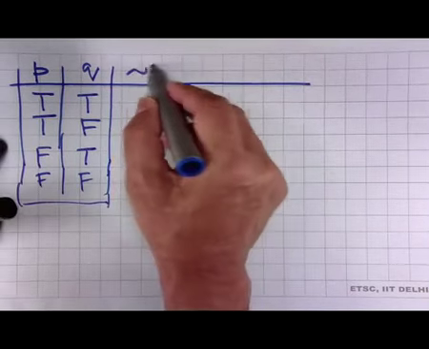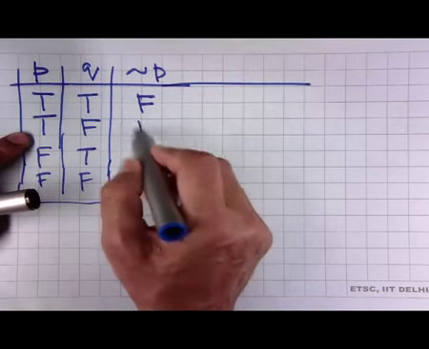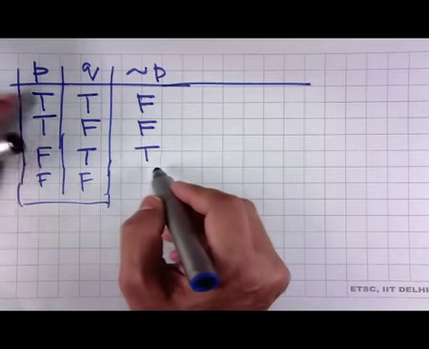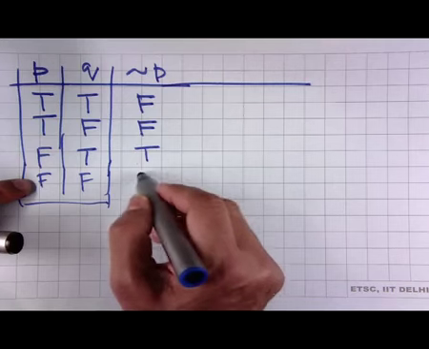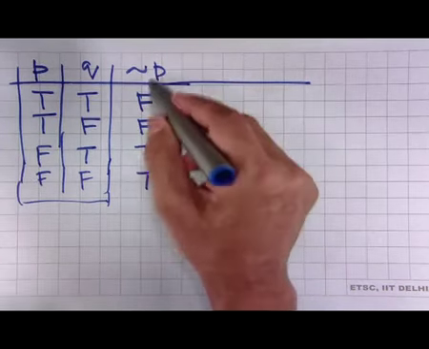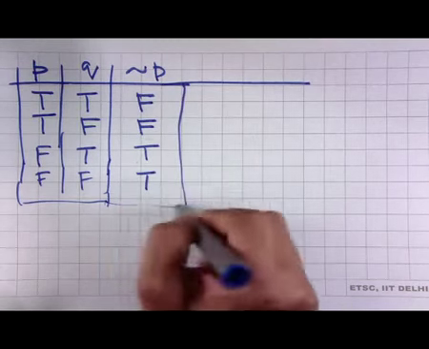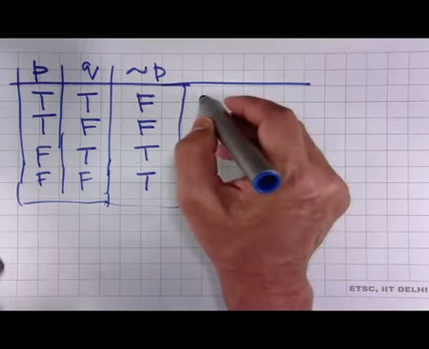We have also seen it many times today. Whenever P is T, negation of P is F. Whenever P is F, negation of P is true. So, negation of P has these values. Therefore, negation of P or Q will have the truth value.